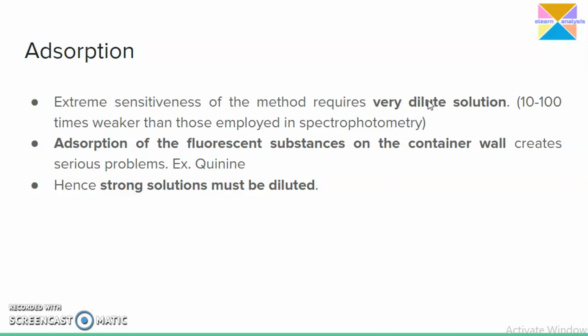That is one of the reasons we discussed just now, where the quinine sulfate tends to concentrate on the surface of the irradiated face of the cell, and that will usually interfere with the linearity observations or the standard calibration observations of the quinine sulfate. Hence, strong solutions are usually avoided, and they are rather much diluted.